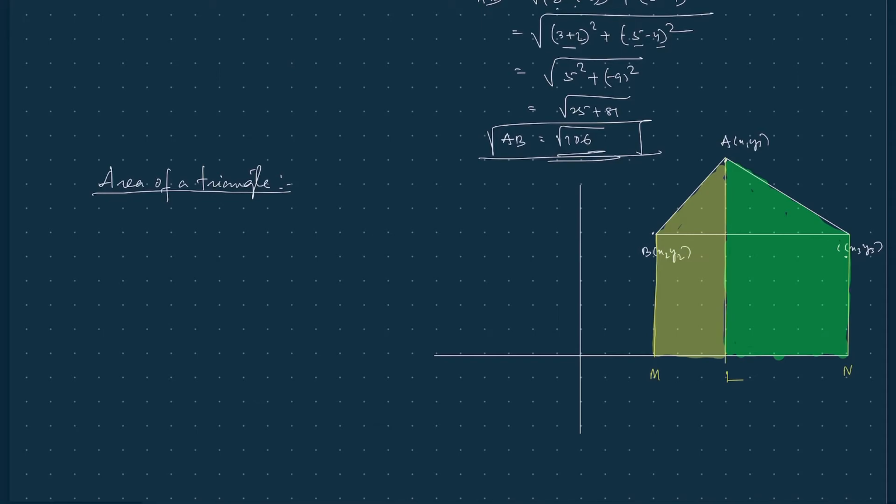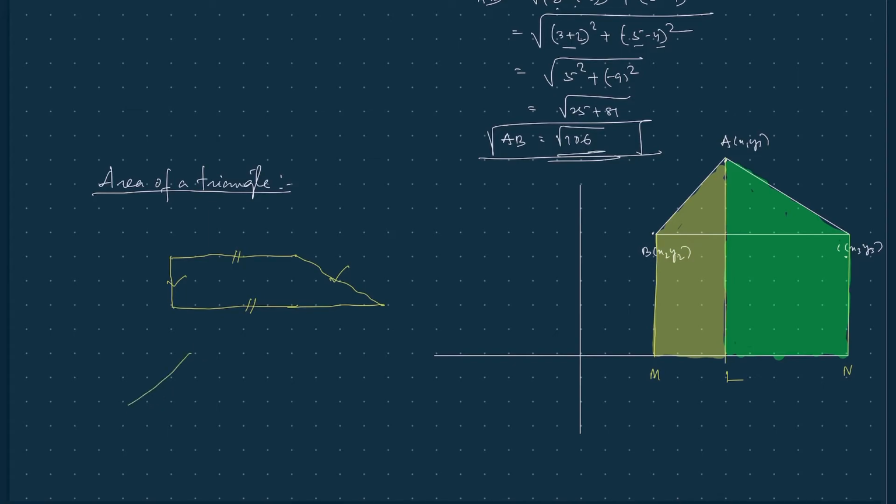A trapezium means a structure where two lines are parallel, but the other two lines are not parallel. You can see these are two parallel lines, but these two are not parallel. So this kind of structure is called a trapezium.